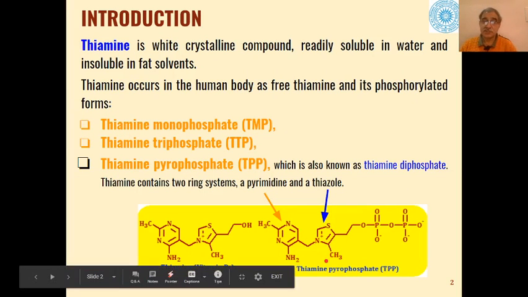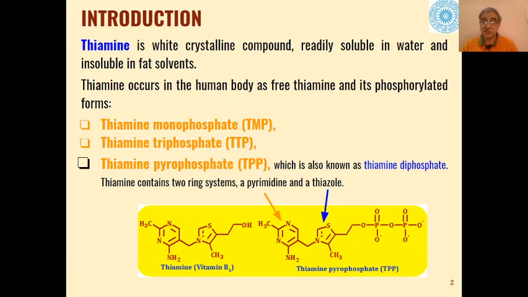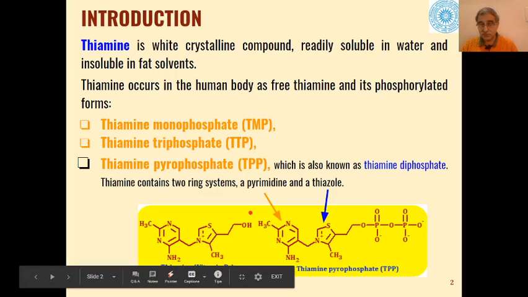So this is basically a derivative of vitamin B1, thiamine. This OH is phosphorylated to give us TPP as the product.